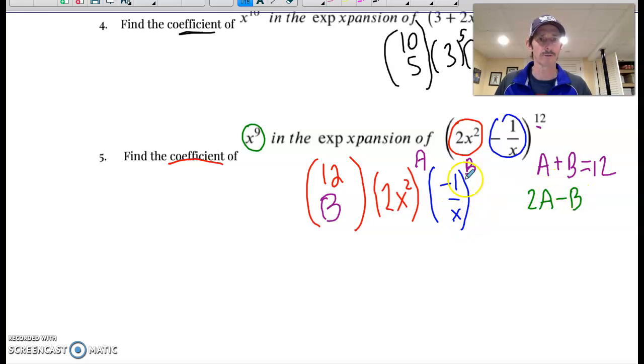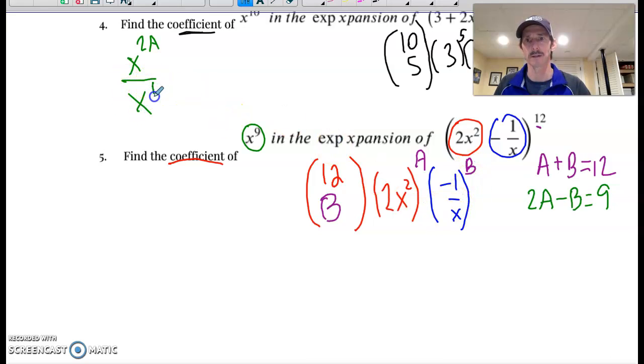And I know that those two together would have to get to 9 because, over here, what I'm doing is I've got x to the 2a, that's what I get right here. And because this b hits that x on the bottom, it would be x to the negative b. And I'm ignoring all of the numbers, the negative 1 and the 2, because I'm just trying to figure out how I get this x to the 9th.